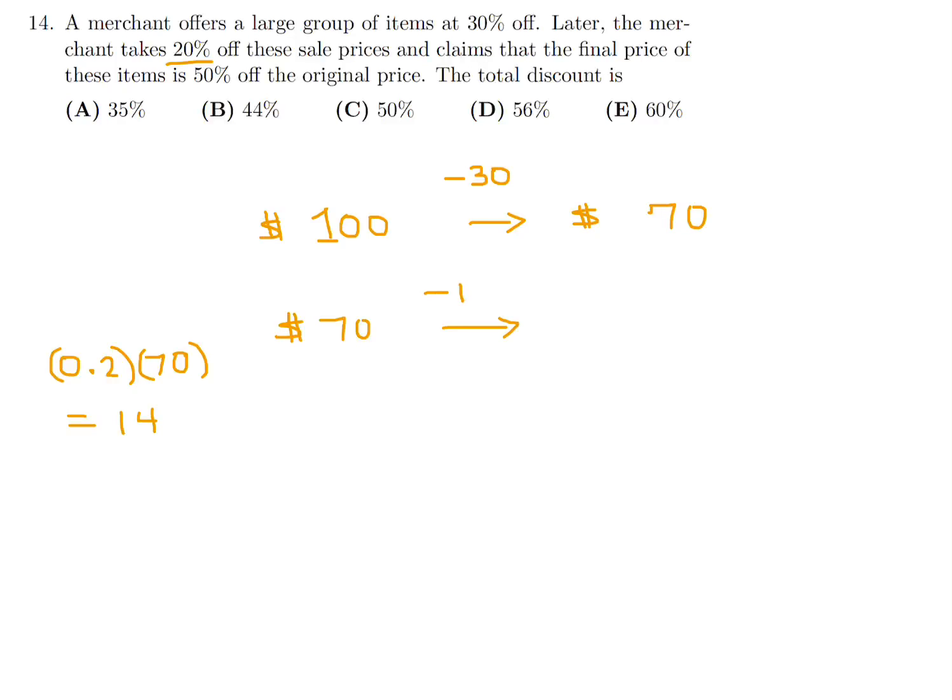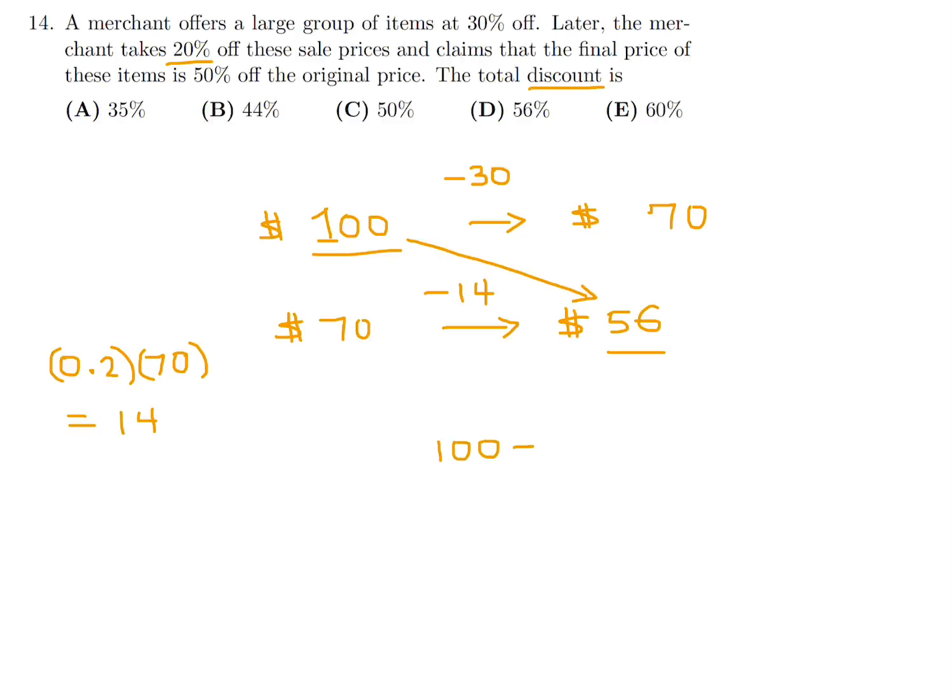So you're going to subtract $14, and that would leave a price of $56. Okay? That is where we arrived from 100. So what is the total discount? So please be careful. Please don't choose choice D. The discount, when you went from 100 to 56, you discounted how much?